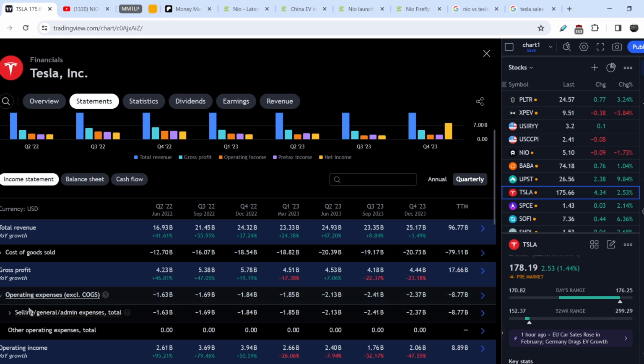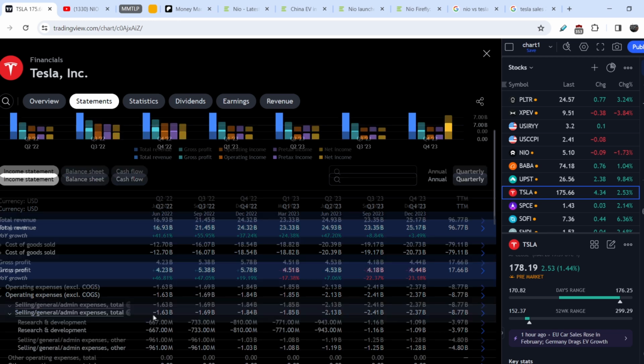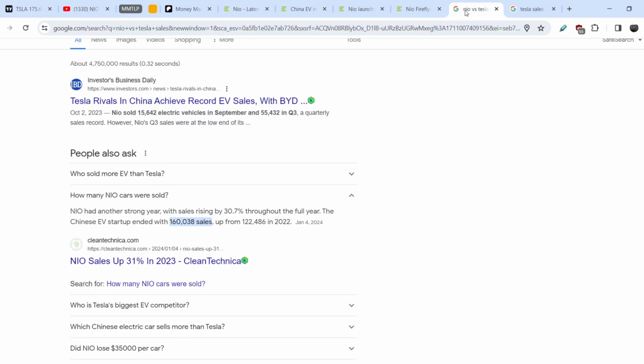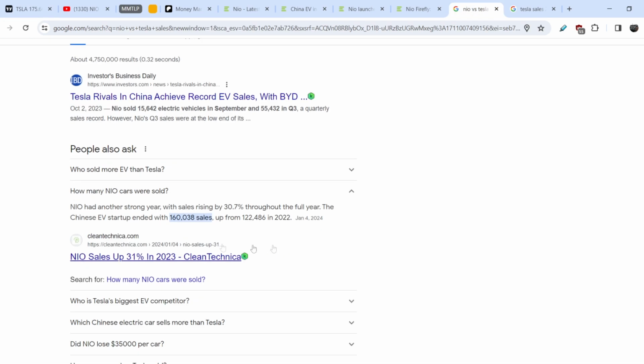again, operating expenses, selling general and administrative expenses, research and development, they spent about twice as much as NIO. But guys, the trickiest part is right here. NIO, let me show you that NIO sold about 160,000 vehicles in 2023.